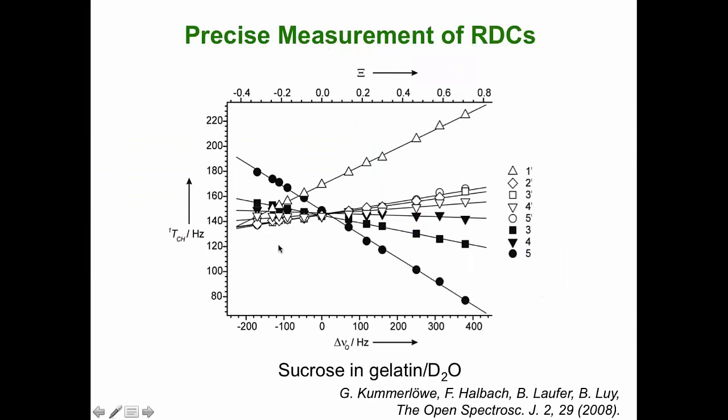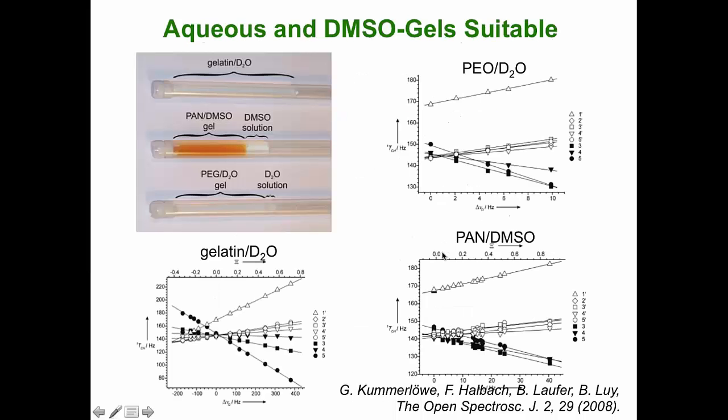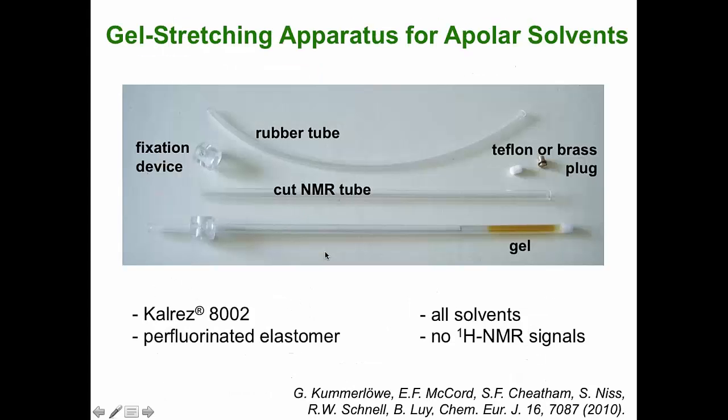Of course, you can measure slopes of RDCs, and this was this paper in Magnetic Resonance Spectroscopy by Burkhardt-Lewis, in which he used PEO with water, polyacrylonitrile with DMSO, and gelatin.